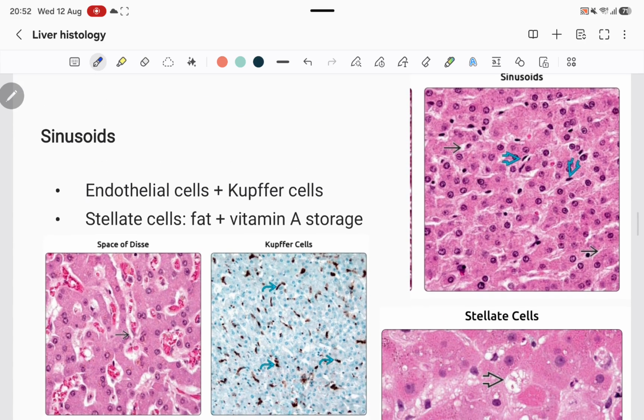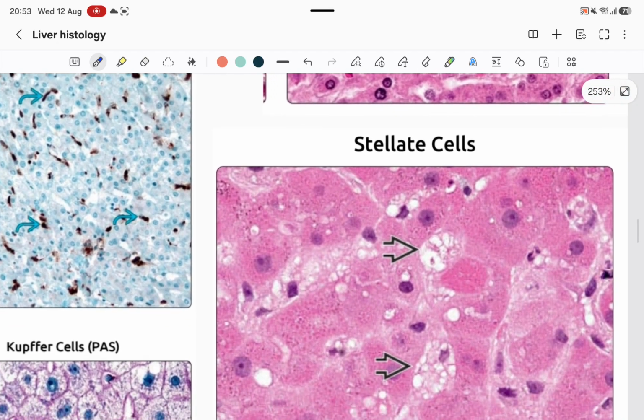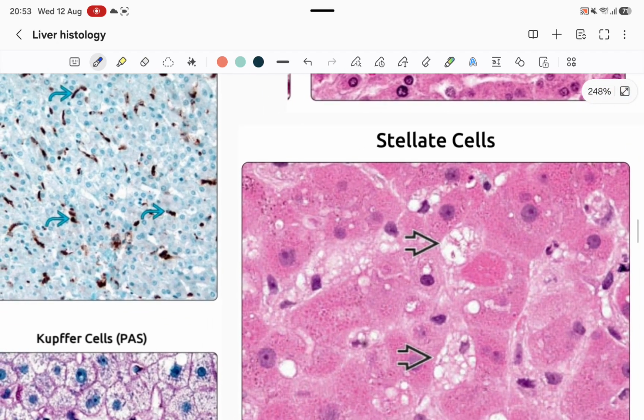Doesn't really matter too much, but what matters more is stellate cells, and stellate cells are amazing cells that store fat and vitamin A, probably other vitamins really, because they store fat, so they probably store the fat-soluble vitamins like vitamin K, vitamin E, and vitamin D. Alright, stellate cells.